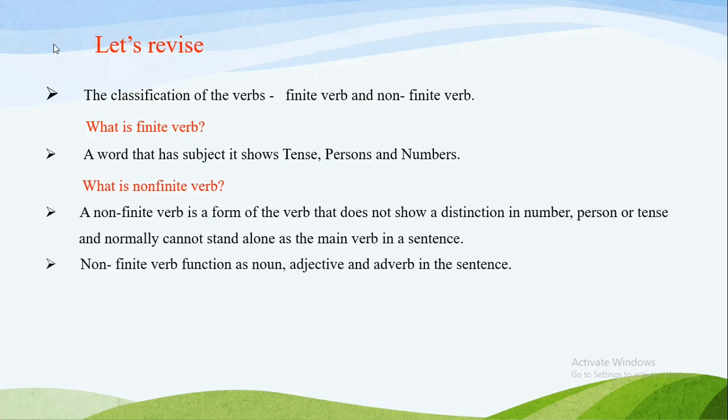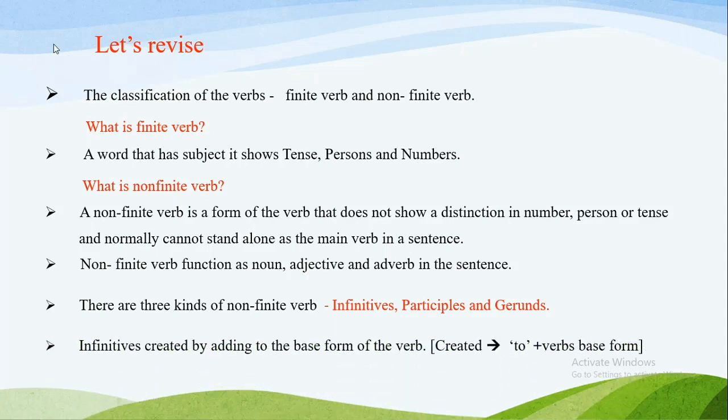What is non-finite verb? A non-finite verb is a form of the verb that does not show a distinction in number, person or tense and normally cannot stand alone as the main verb in the sentence. Non-finite verb function as noun, adjective and adverb in the sentence. There are three kinds of non-finite verb: infinitives, participles and gerunds.